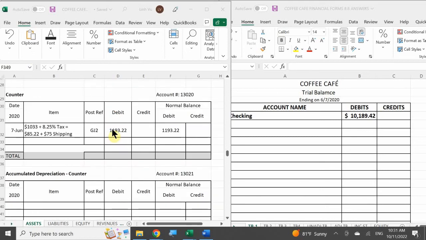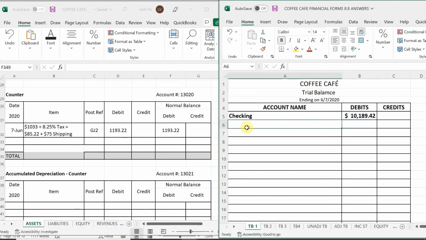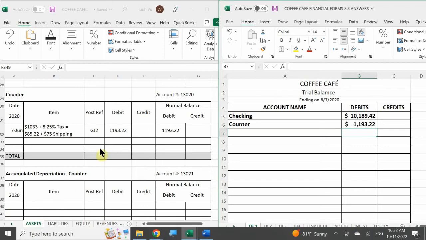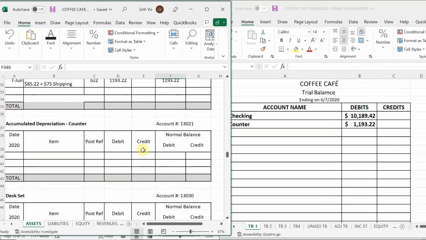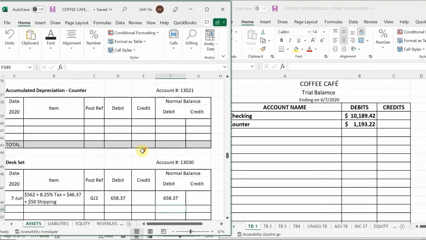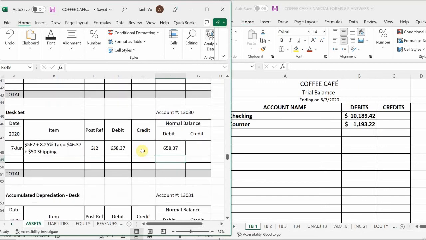However, do I have a counter? Yes. For how much? $1,193.22. Good, on the debit side, right? No accumulated depreciation yet. We haven't reached depreciation yet. That's not until the end of the accounting period.